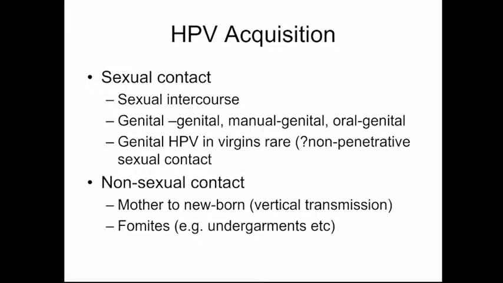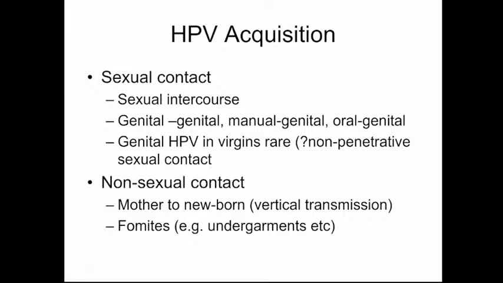So how is HPV infection acquired? We've already mentioned that the majority is overwhelmingly sexual contact. So sexual contact, it could be genital-genital, mano-genital, oral-genital. Genital HPV in virgins is rare unless they practice non-penetrative sexual contact.